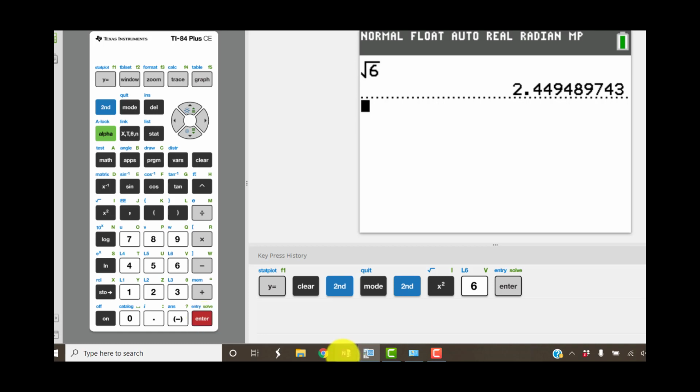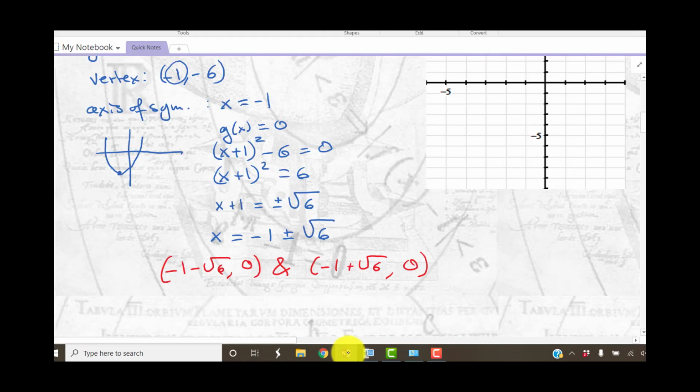Okay, let's go back to the problem. So this is (-1 minus about 2.5, 0). I like to write it like that. I could say this is -3.5, right? But I like to write it like that to exhibit the symmetry around -1. And (-1 plus 2.5, 0).